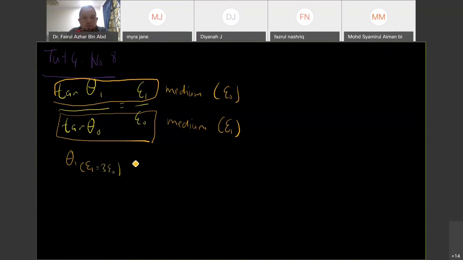Based on this argument, we will have the inverse tangent of tangent theta naught, which is the angle in the air, multiplied by the ratio of epsilon 1 divided by epsilon naught.